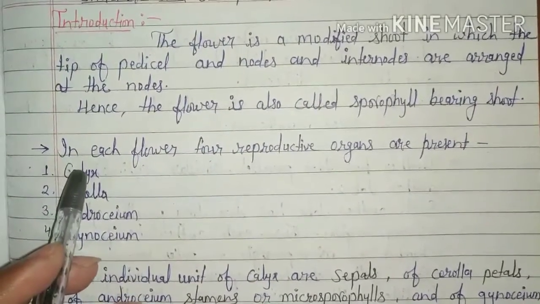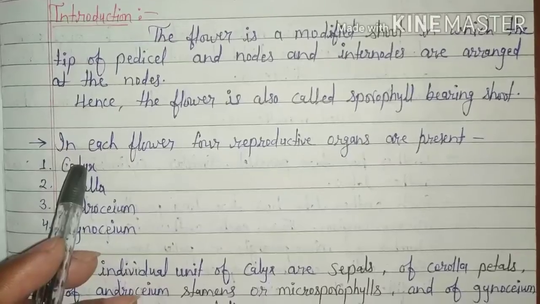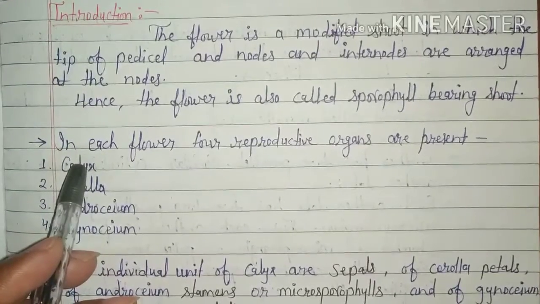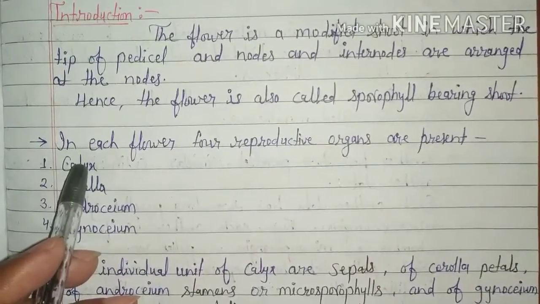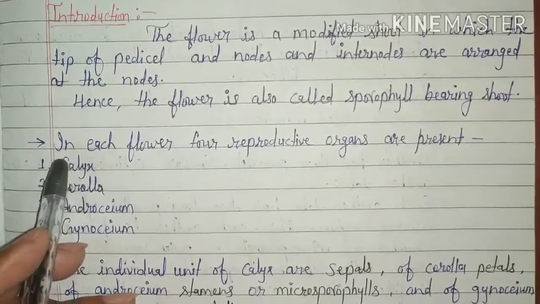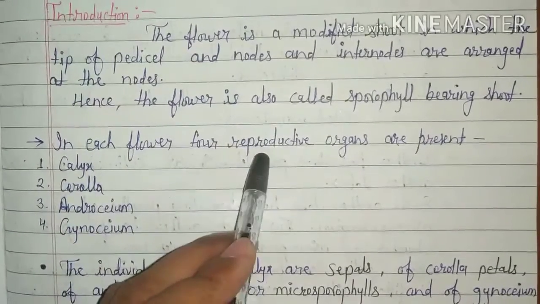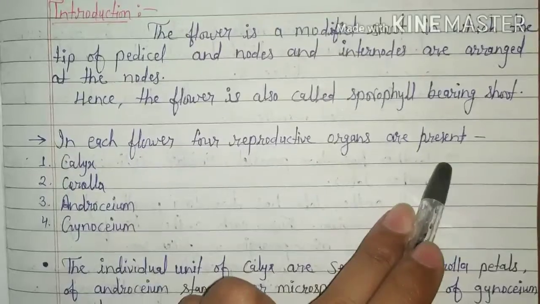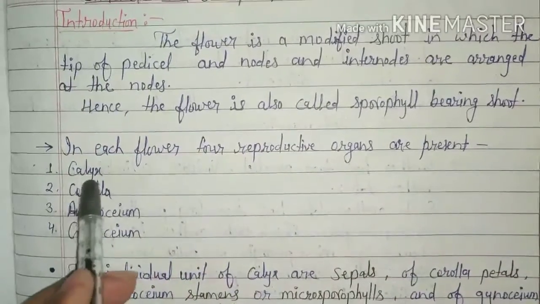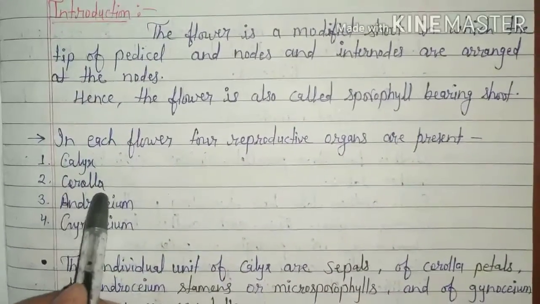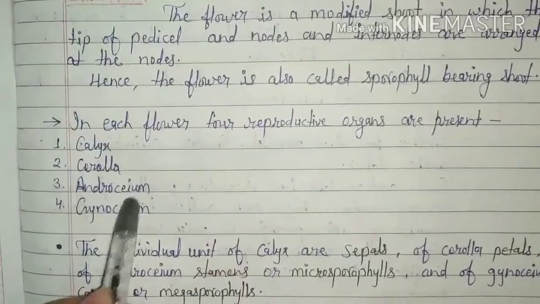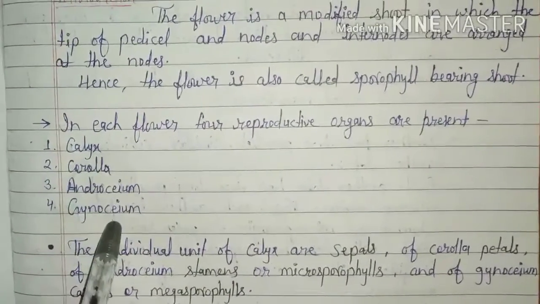Normally, a typical flower has 4 types of appendages which are arranged in whorls. It means in each flower, 4 reproductive organs are present. First, calyx, second, corolla, third, androecium, and fourth, gynoecium.